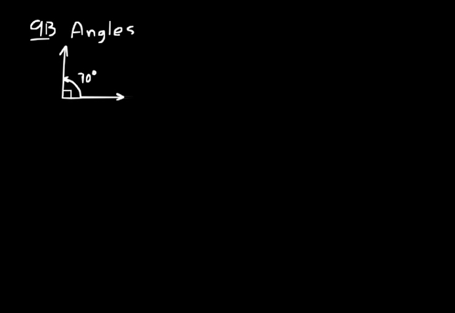Usually we think of all other kinds of angles relative to a right angle. For example, an acute angle is smaller than 90 degrees. An obtuse angle is greater than 90 degrees.